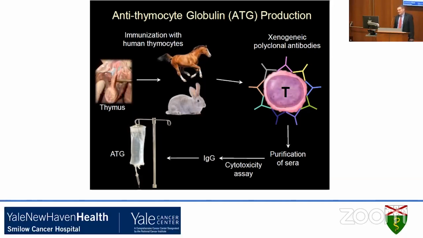The animal's immune system generates antibodies, which are collected, purified, and used as a drug. Obviously, this is serum from an animal, and a lot of reactions can occur. That's why this medication is not used as frequently as possibly necessary for aplastic anemia, and is only used in big centers where they're familiar with it.